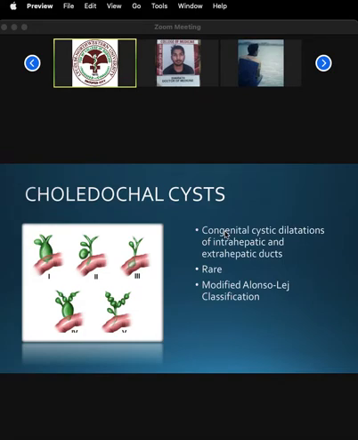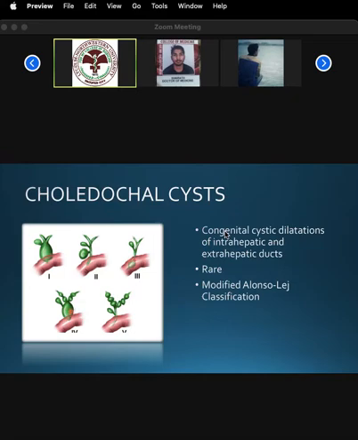So the Alonso-Lami classification for type 1, it's a diffuse enlargement of your common bile duct. Type 2, you have diverticular formation of your common bile duct. Type 3, you have cystic dilatation of the intraduodenal common bile duct.